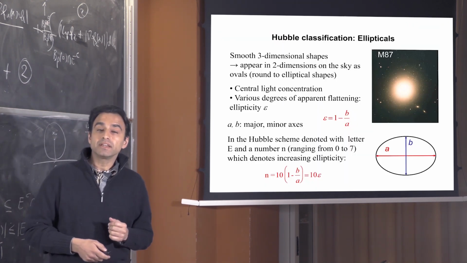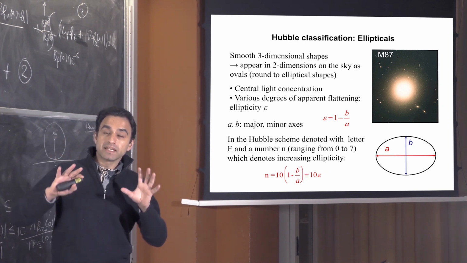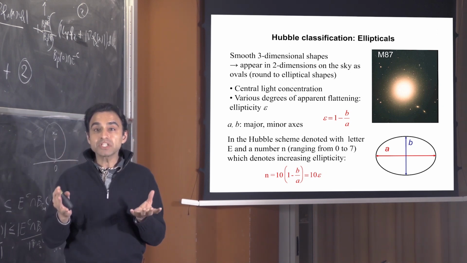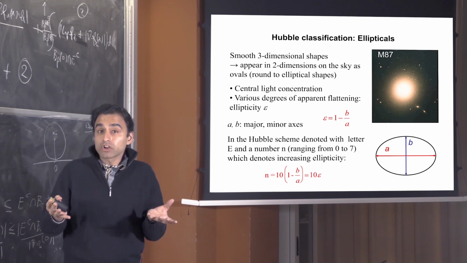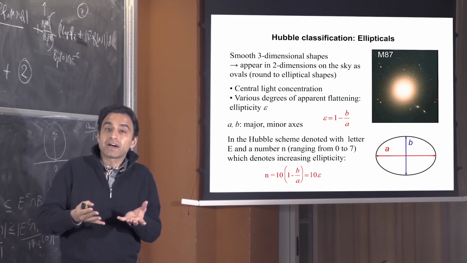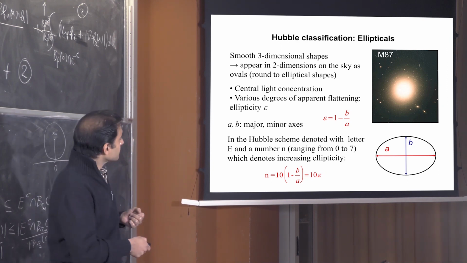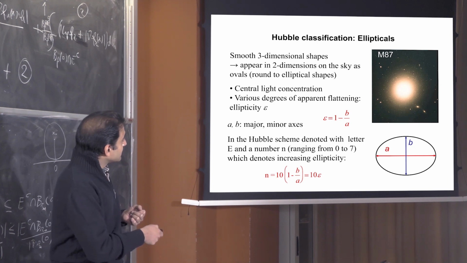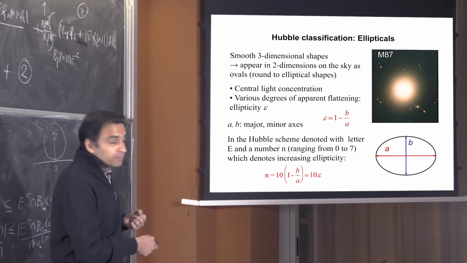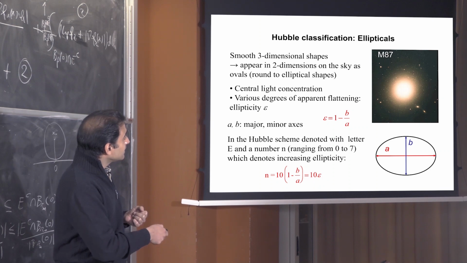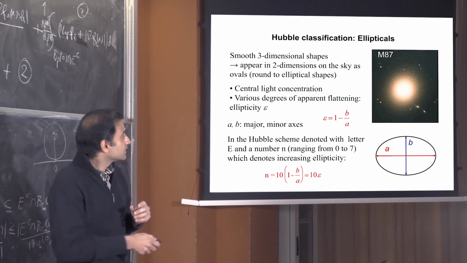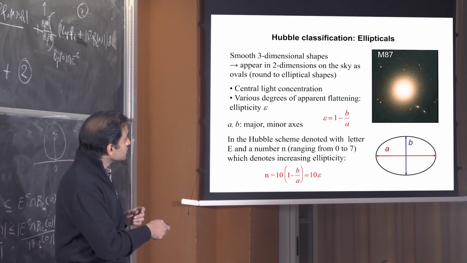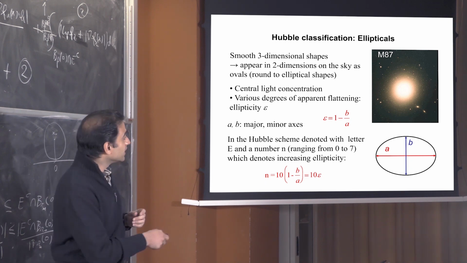Let's start with ellipticals. Let me give you a little bit more information on how astronomers actually characterize ellipticals. An elliptical galaxy will appear on the plane of the sky like a ball of stars, so a kind of circle, just like M87 over here.